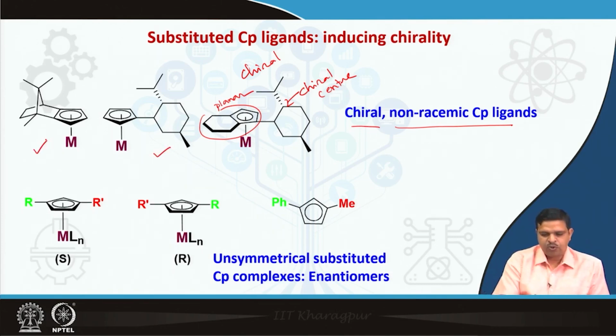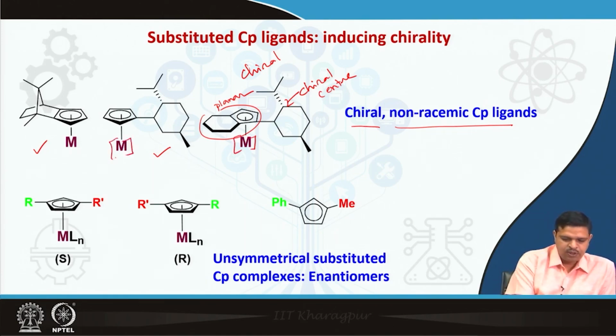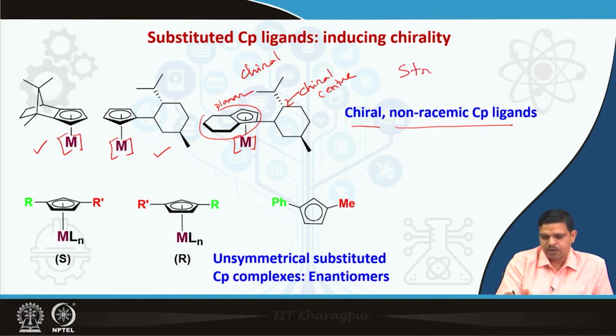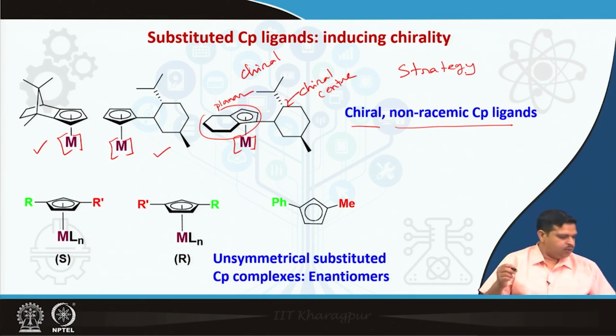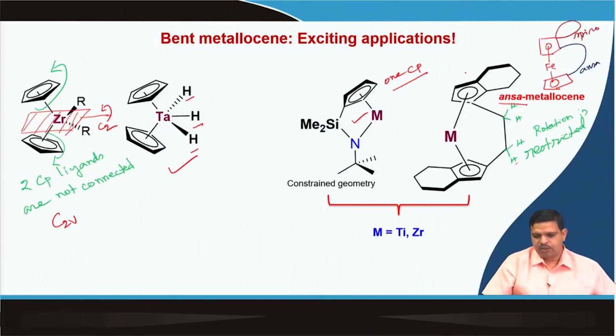I am showing the design, not the real catalyst, just the design or strategy to make chiral CP complexes. Here I am just showing simple CP ligands. It may be just a fused CP like indenyl.